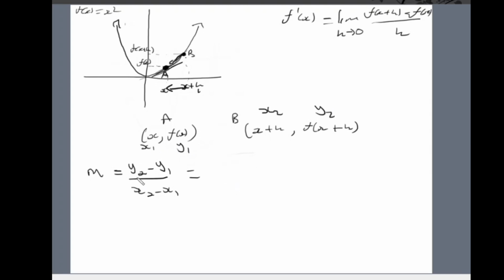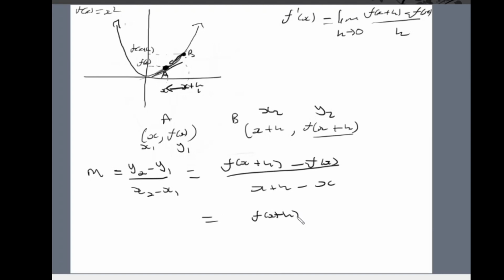So the gradient will be f of x plus h, which is y2, minus f of x, which is y1, divided by x plus h, which is x2, minus x, which is x1. This becomes f of x plus h minus f of x, divided by x minus x, we just remain with h.